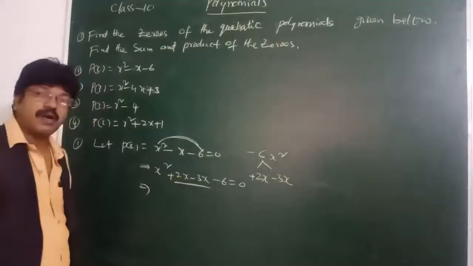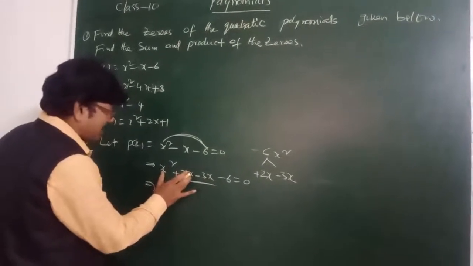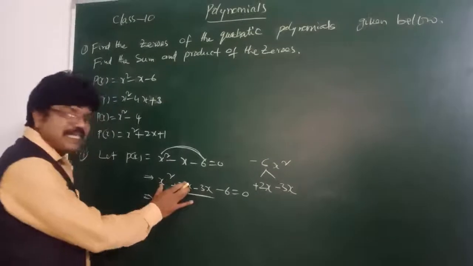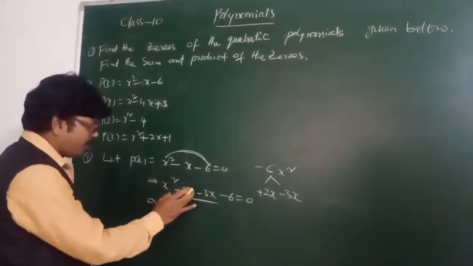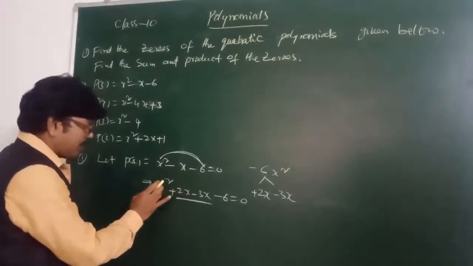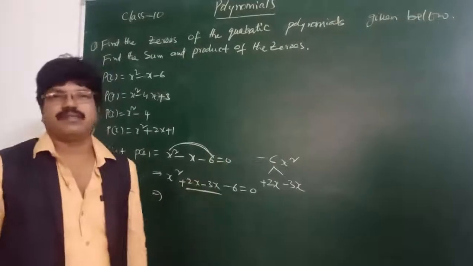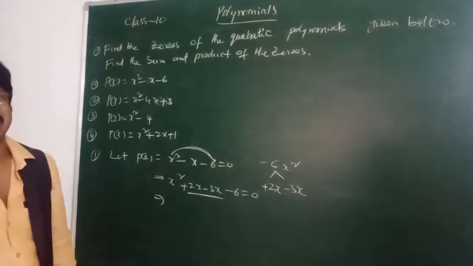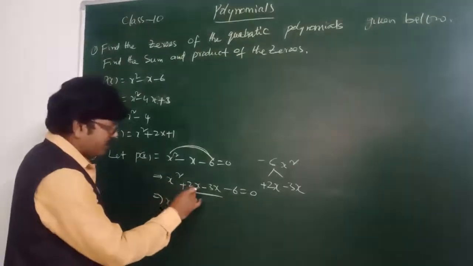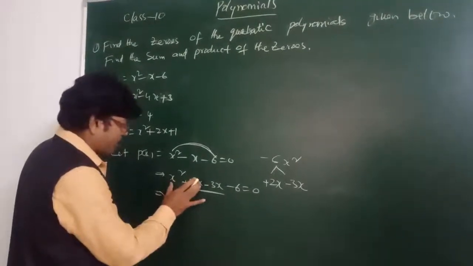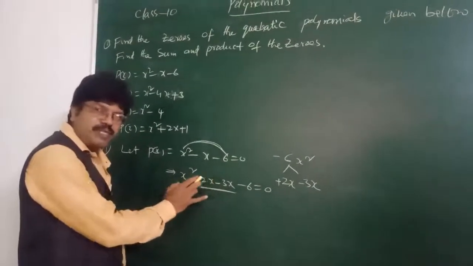Okay, now taking common from these two terms, which is common. Common means we divide by that particular number or particular x. If we take common from x square plus 2x, x is common in both terms.